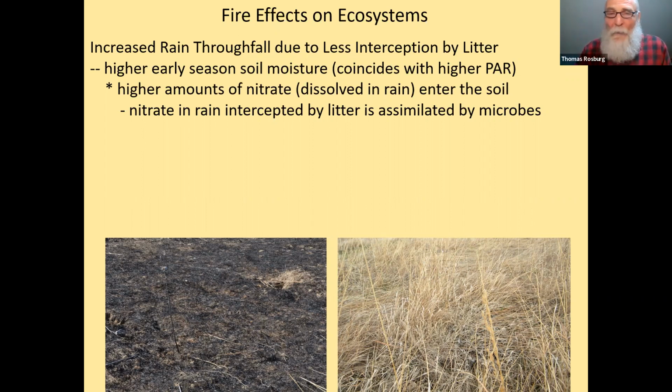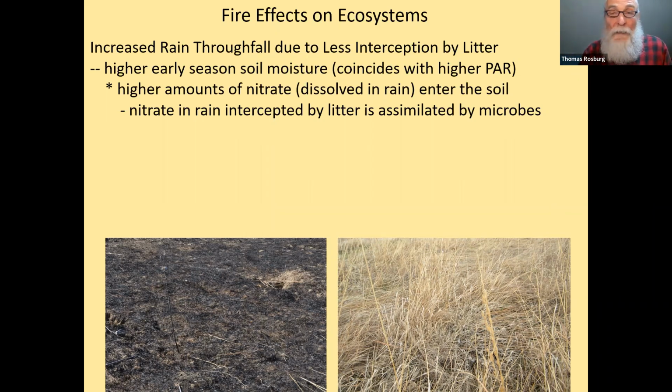Another very important thing that comes about because of this interception of water is the nitrate. One of the most important natural sources of nitrogen to an ecosystem, especially a grassland ecosystem, is the amount of nitrate that's naturally dissolved in the rain. This is nitrate that comes about because of lightning happening in the air and converting nitrogen gas to nitrate. That nitrate, of course, is a nutrient that plants can pick up. It gets into the ecosystem by dissolving into the rain that's falling.